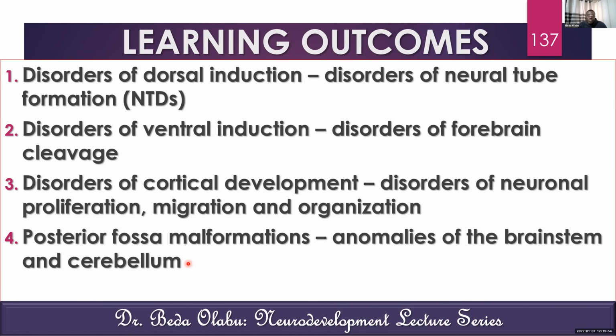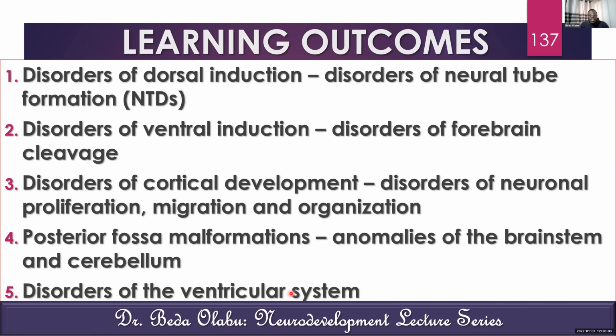These are malformations that affect the brainstem and the cerebellum, essentially pons, medulla, and cerebellum, including the fourth ventricle. Lastly, we'll just highlight disorders of the ventricular system. Now, that will just be a highlight because many of these anomalies also affect the ventricular system. But I'll say something about unique anomalies of the ventricular system as well.